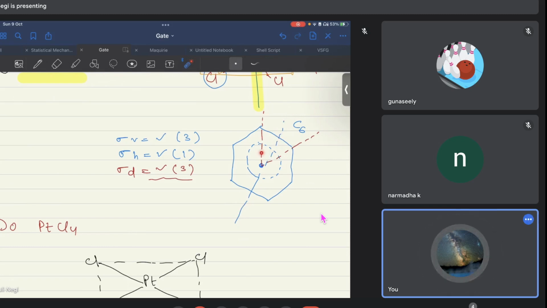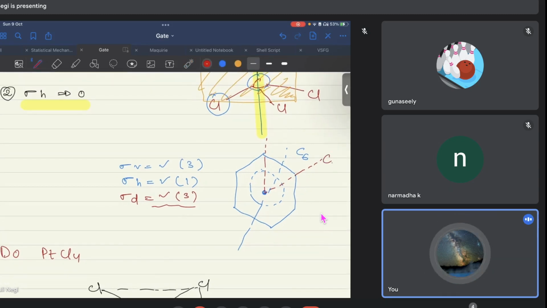Because these two red ones are the C2 axis, or if I say this is a plane also passing, containing the principal axis C6 here, okay, so this will be sigma v.